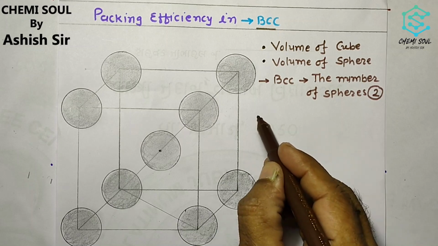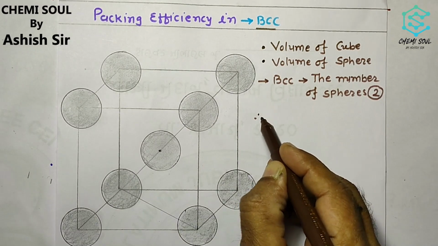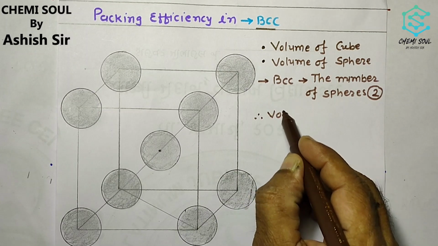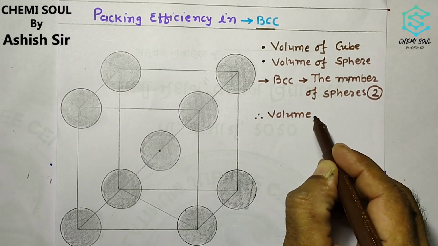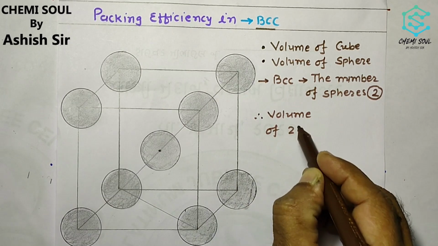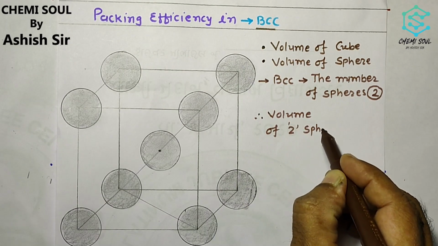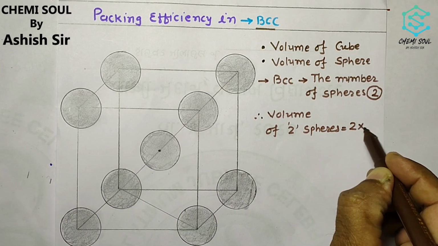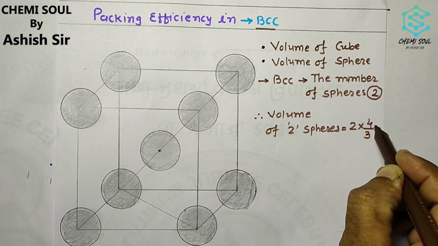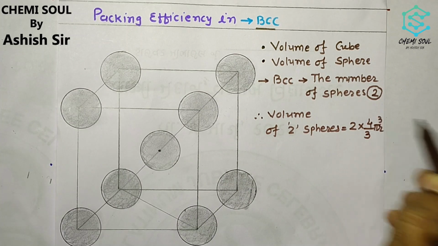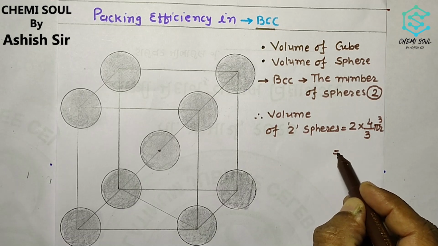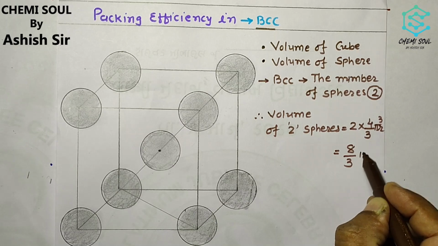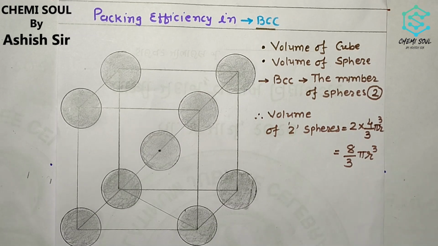Now we can find the volume of 2 spheres. Therefore, the volume of 2 spheres is equal to 2 into 4 by 3 pi r cube, which is equal to 8 by 3 pi r cube.